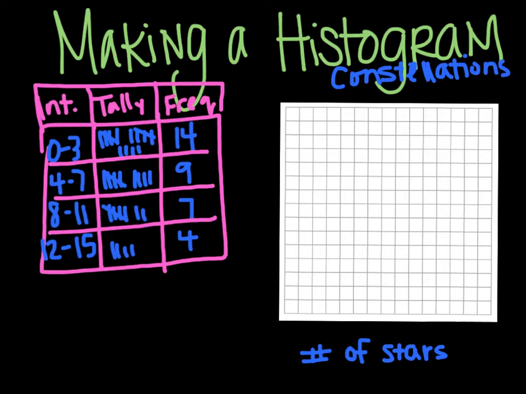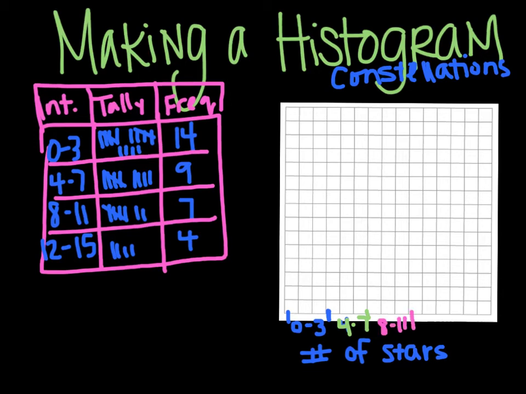Okay. And then our interval, first one is going to be 0 to 3. Then, and that'll be the range here. Then 4 to 7 will be here. Then 8 to 11.